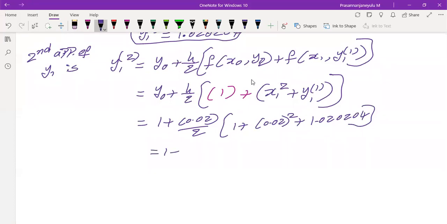Then 1 plus 0.01 into 1 plus 0.0004 plus 1.020204.